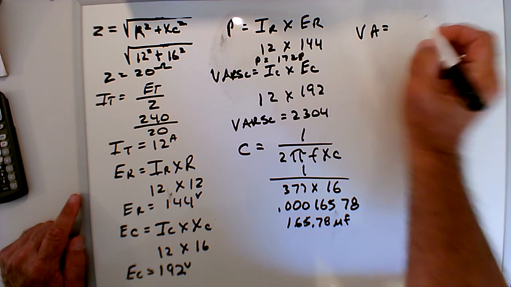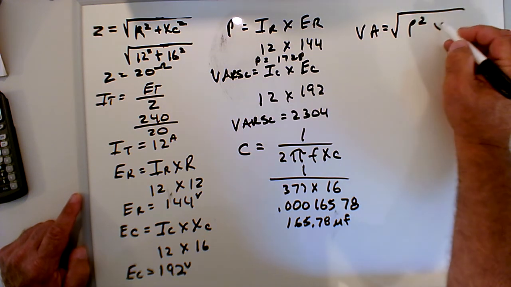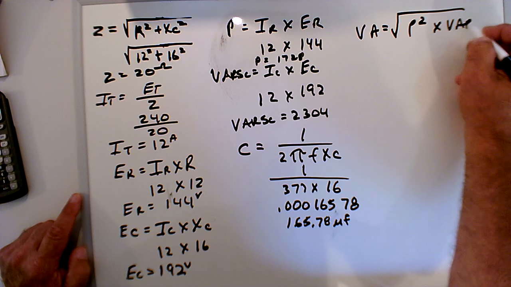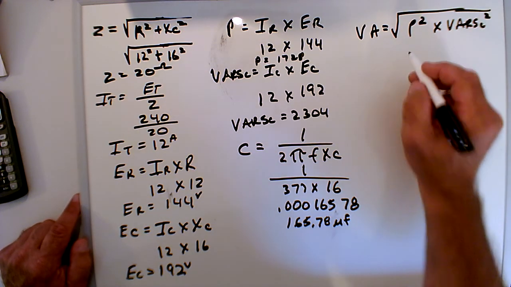So VA is equal to the square root of P squared plus VARS C squared. So let's plug in those numbers.